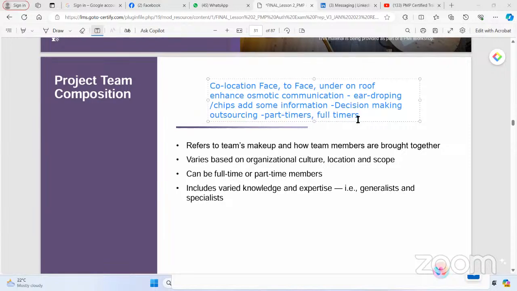But again, you may have a project team which is composed of part-timers as well as full-timers, and they might all come from diverse backgrounds, because hiring policies are diverse nowadays. So you will see a lot of diversity in your project teams also, and you need to maintain that diversity.